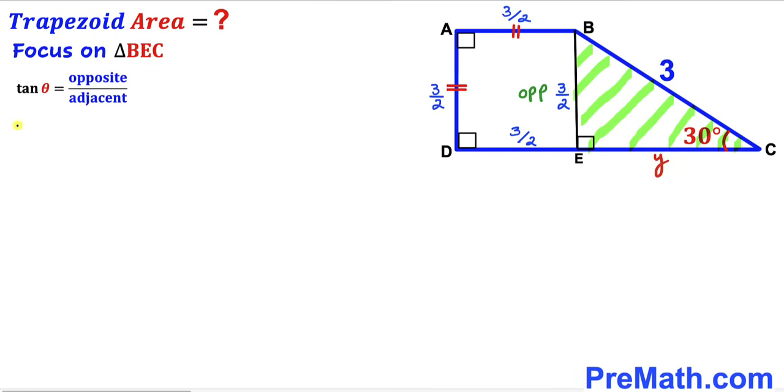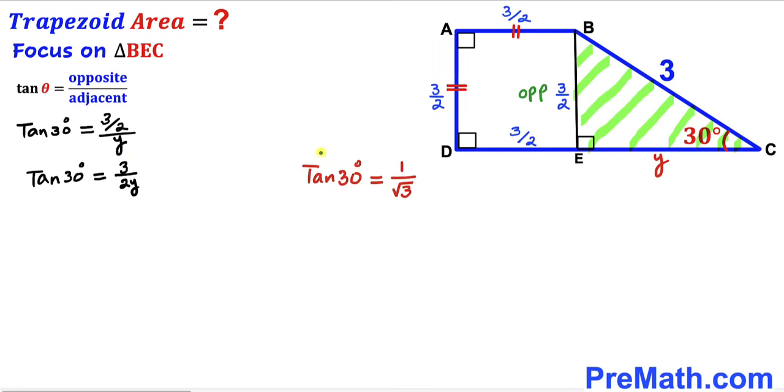So tangent of 30 degrees is equal to 3 divided by 2 divided by y, which is the same as 3 divided by 2y.